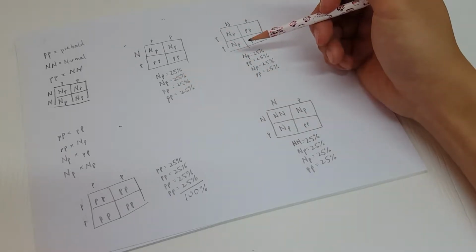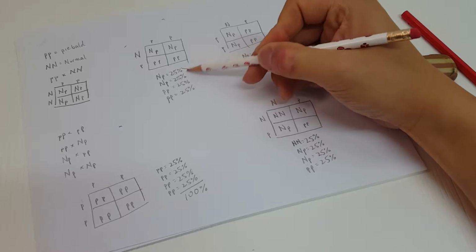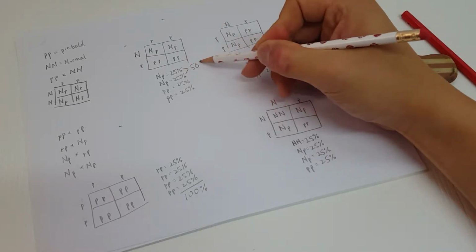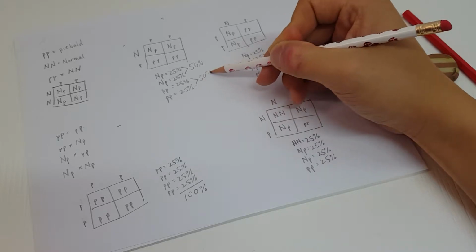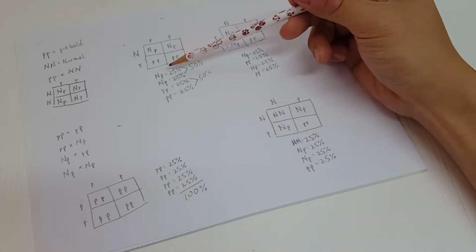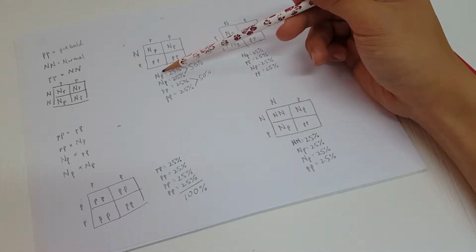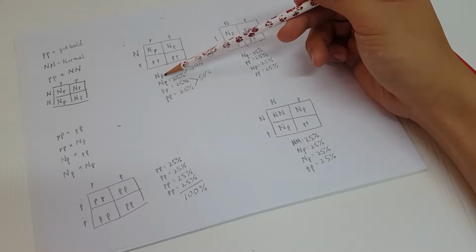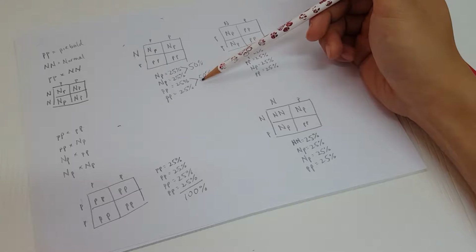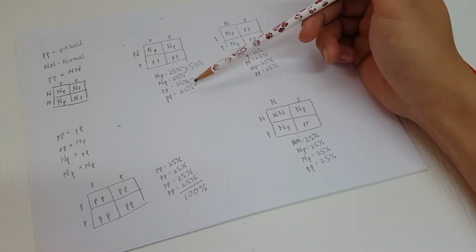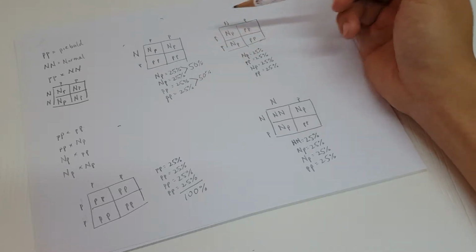Now we just have to combine the like genes, so this would equal 50%, and this would equal 50%. That means half of the babies would look normal and carry the piebald gene, making them het for piebald, and then the other 50% of the babies would actually be visual piebald.